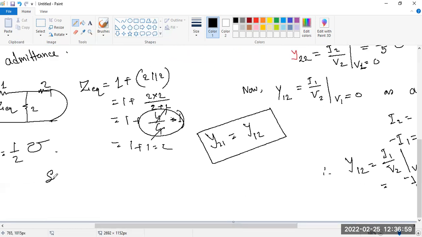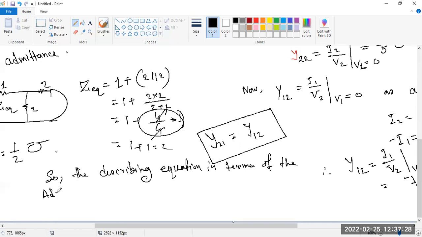So, the equations in terms of admittance parameter.